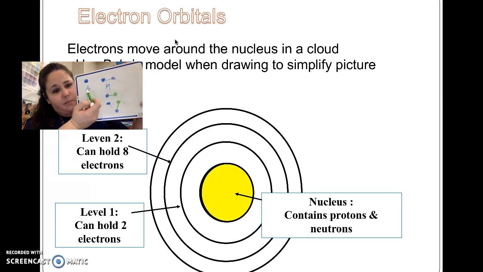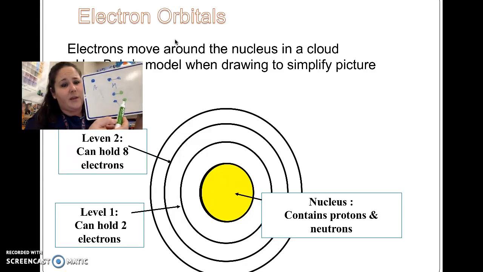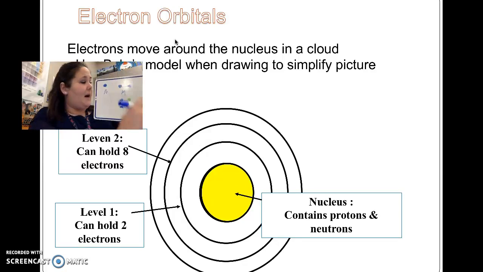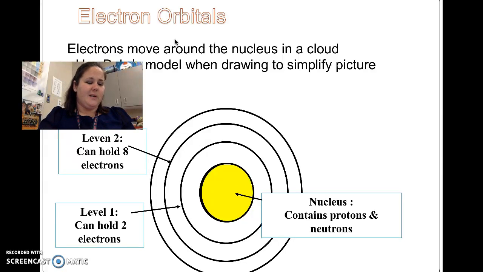A molecule is a combination of atoms, and they can be the same, like this top one, 2 of the same element, or they can be different, like where we had oxygen down here. And then you have a compound. We'll get to compounds later. I didn't want to go too much into it.